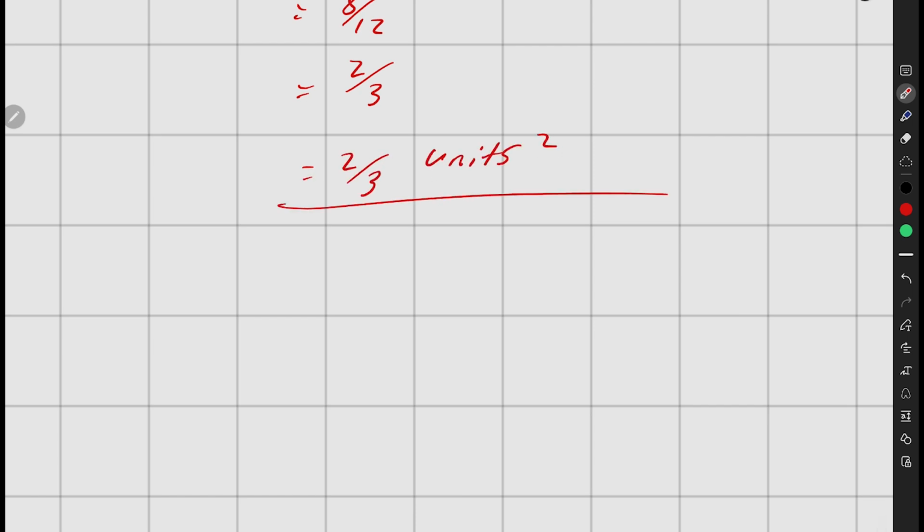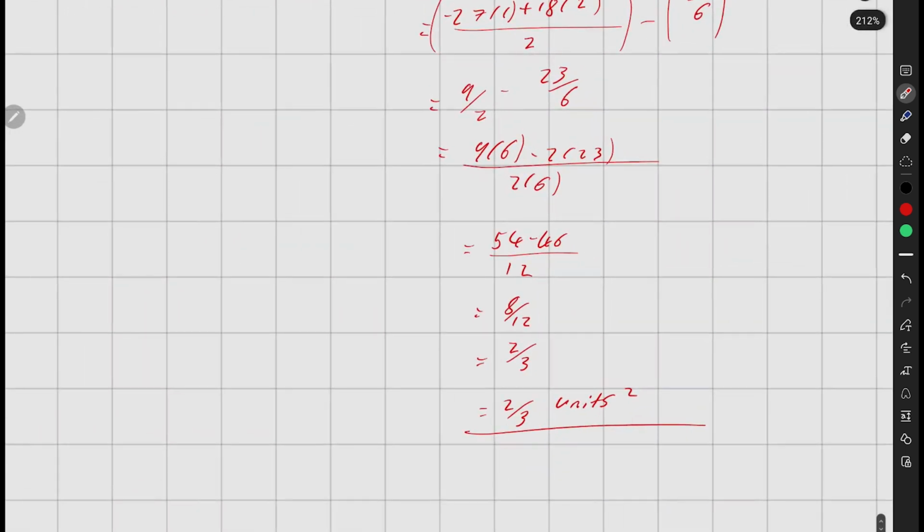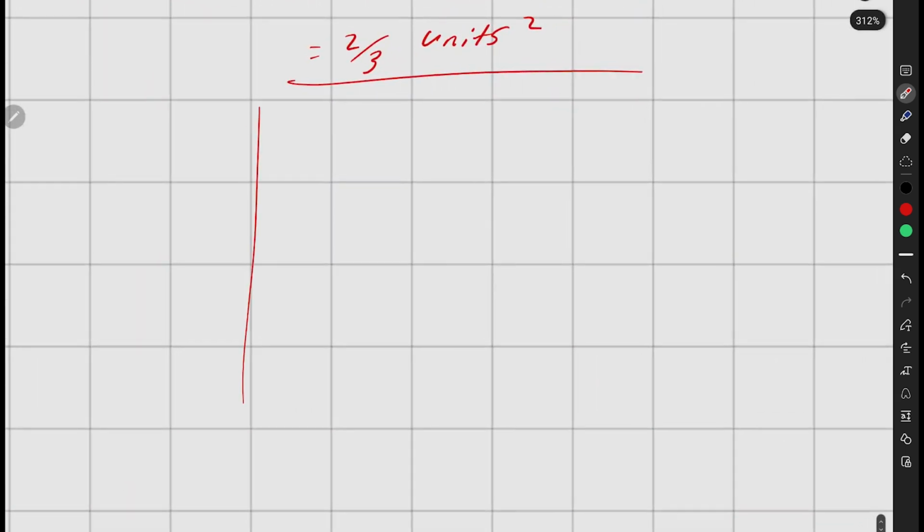units squared. You always need to write units squared when integrating, because you are, after all, finding an area. And another important rule to remember, if you get a negative answer, just take the absolute value and make it positive. I'll just show you for an example.